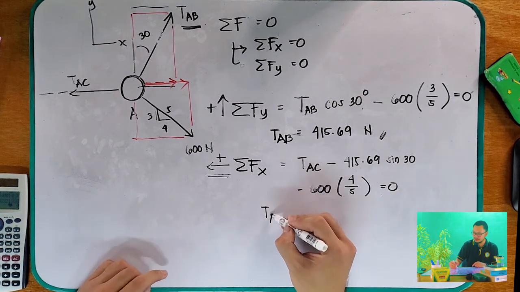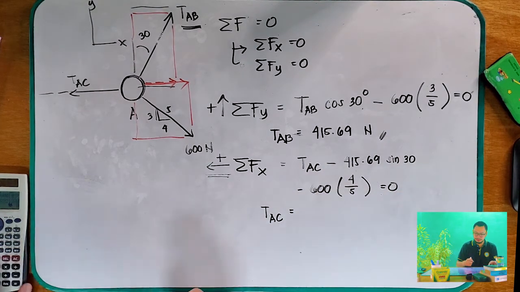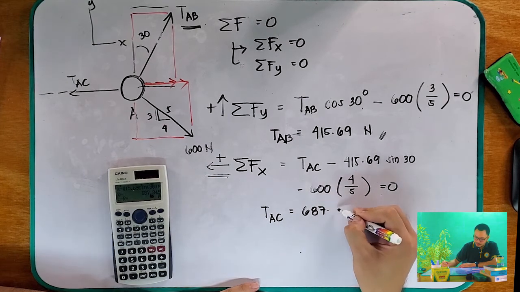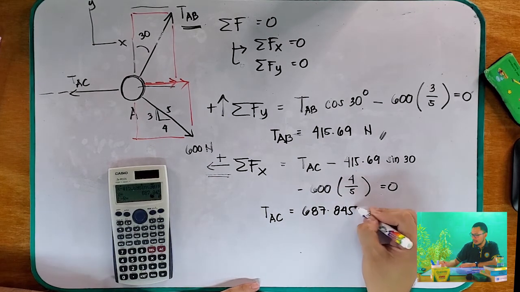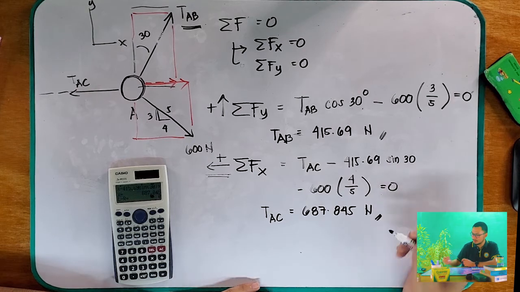So therefore, your TAC is equal to 687.845 newtons.